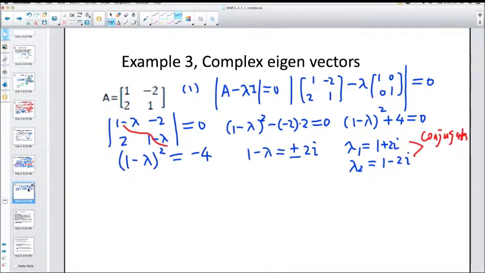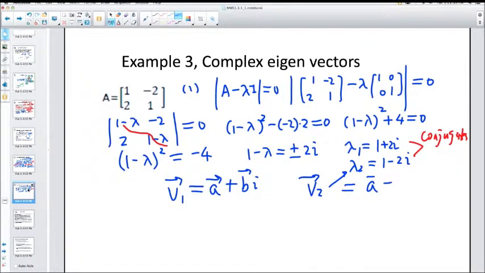If I call the eigenvector V1 equals A plus Bi, where A and B are 2 by 1 vectors, I guarantee V2 associated with lambda 2 will also be the conjugate, A minus Bi. Just like spouses, if somebody is married, they go to the party together. So the conjugate will be the other eigenvector, and you only need to do one. You finish the job in this case. Let's do one.